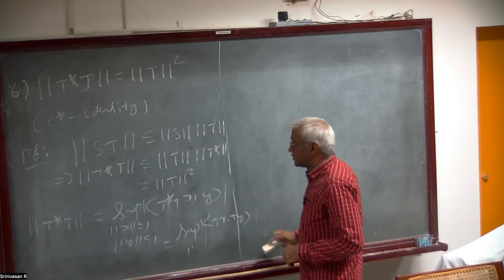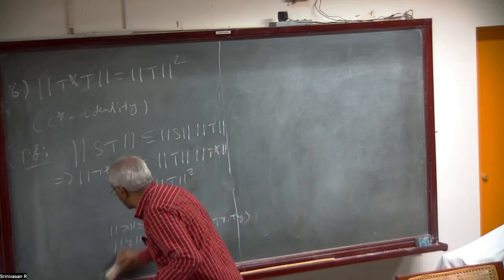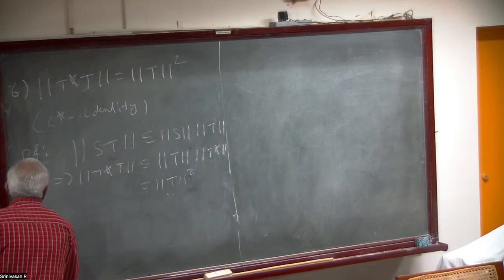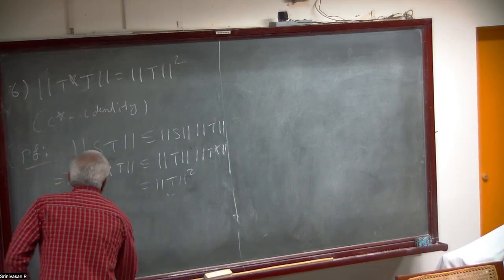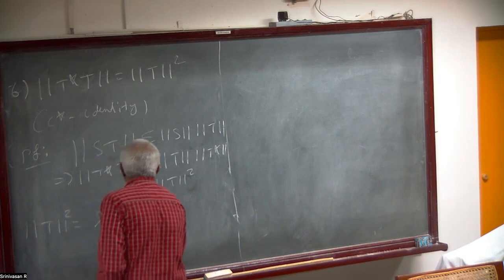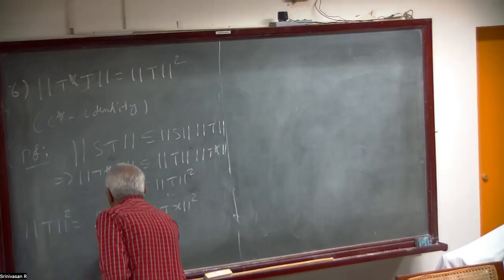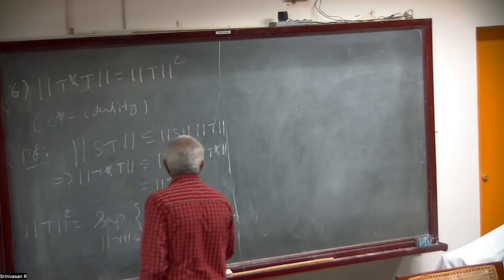We have already proved it. So let's compute norm T squared. Norm T squared is equal to the supremum of norm Tx squared, where norm x is less than or equal to 1.